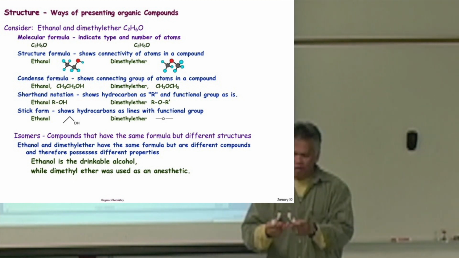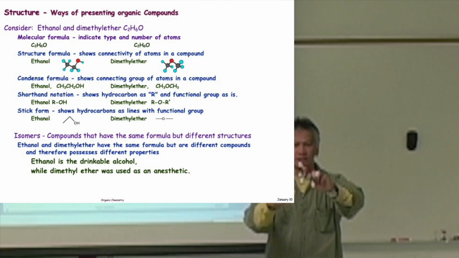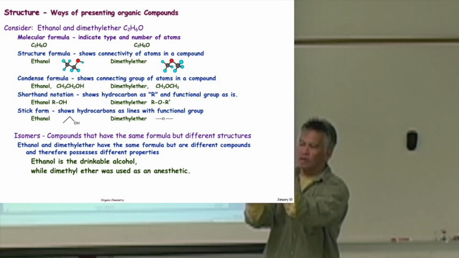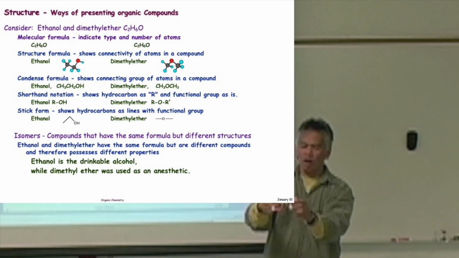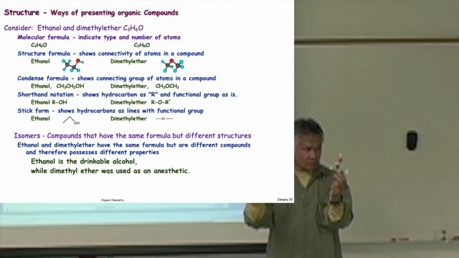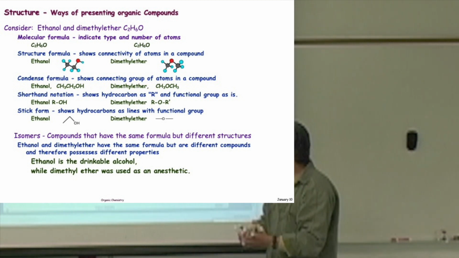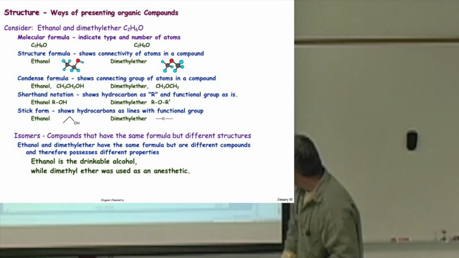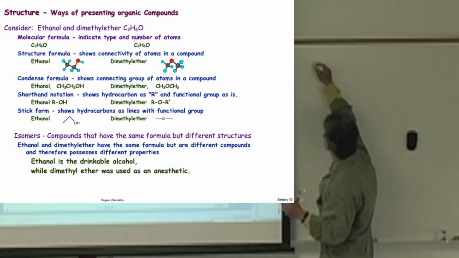Okay. 2 carbons, 6 hydrogens, and 1 oxygen. Likewise with this. 6 hydrogens, 1, 2, 3, 4, 5, 6, 2 carbons, and 1 oxygen. These are different chemicals because the way the atoms are connected is different. We call these isomers. Okay, isomers are chemicals with the same chemical formula but different structural arrangement.